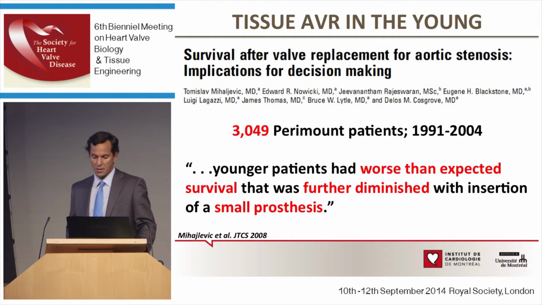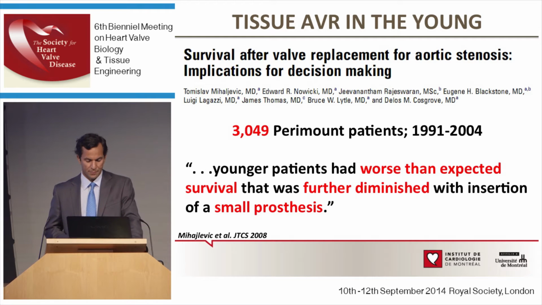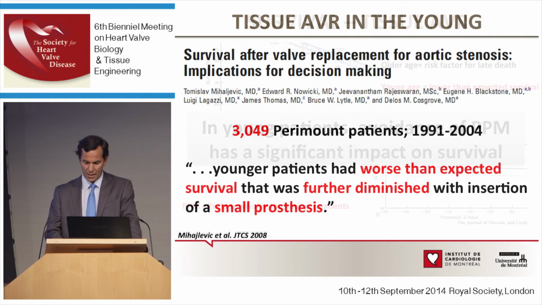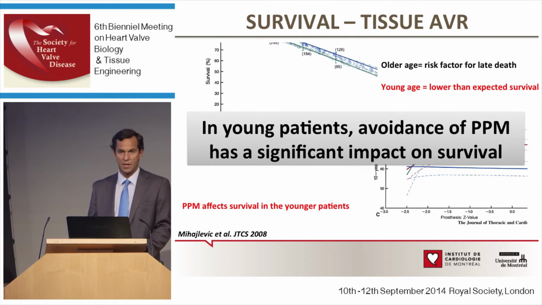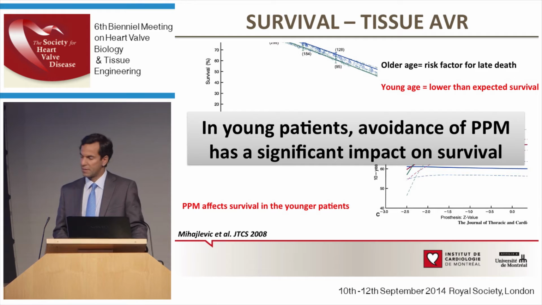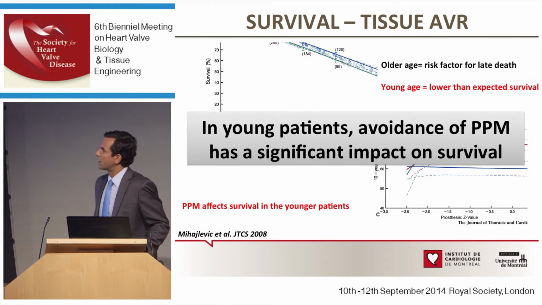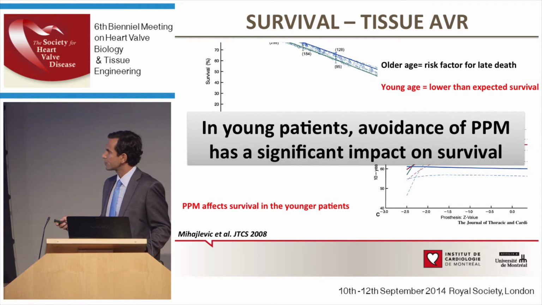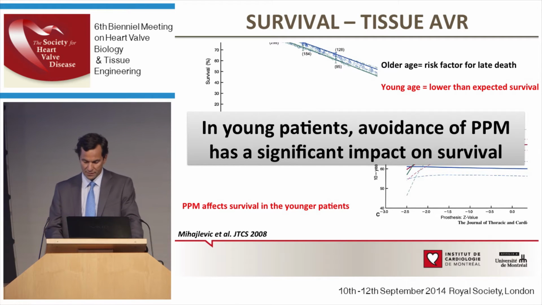And the conclusion was that younger patients had worse than expected survival that was further diminished with insertion of a small prosthesis, which introduces an important element in these young patients who have a high level of physical activity, and that is the notion of effective orifice area and patient prosthesis mismatch. In fact, when we look at these patients' survival in the long term, stratified per age groups, as expected, the patients under 65 years of age had a better long-term survival than the elderly patients.